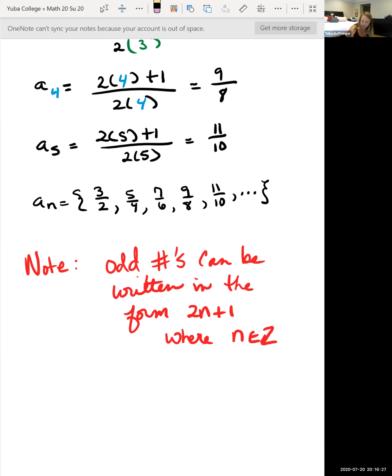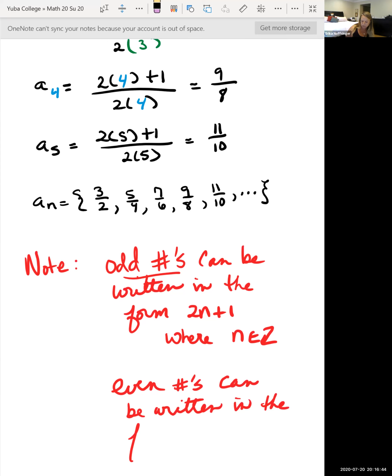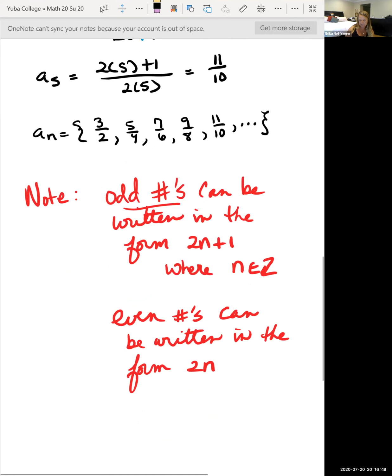Even numbers can be written in the form 2n. Again, n is an integer.